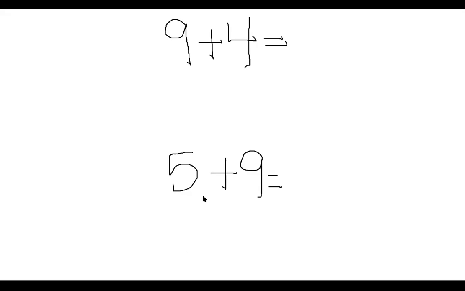Landon, did you want to tell us how you solved 5 plus 9? Add 4. How many do we hold, 9 fingers? Just start with 9 in your head and add. So which method did you use to solve 5 plus 9? Number bond. Okay, what answer did you get? 14.